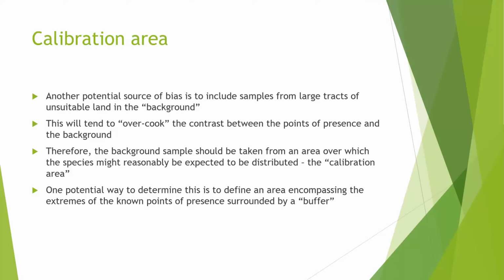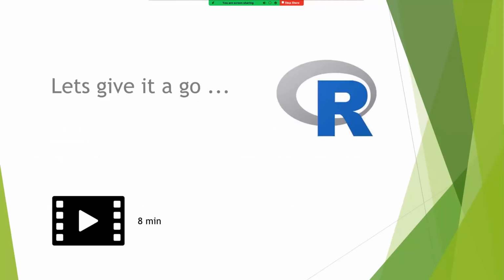That's known as a calibration area. And one possible way of getting that is to stick a polygon around the areas that the species is known to occur from, possibly stick a buffer around it, and then do your sampling from that area.